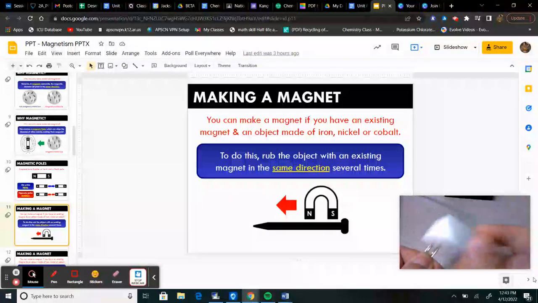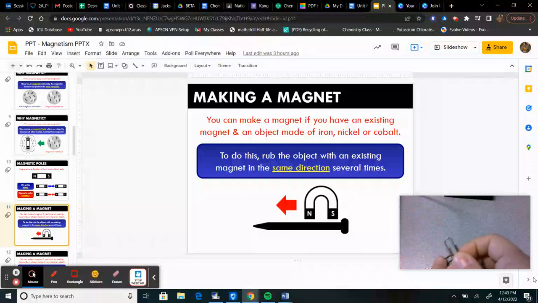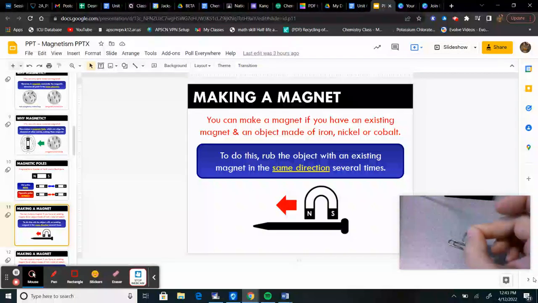And so if you have a magnet and a paperclip at home, you can do this yourself. So I have rubbed this paperclip with the magnet several times. And so what we've done is we have aligned the magnetic domains of the atoms in the object together. And so I should have created another magnet, which is why I can actually pick up the other paperclip here.